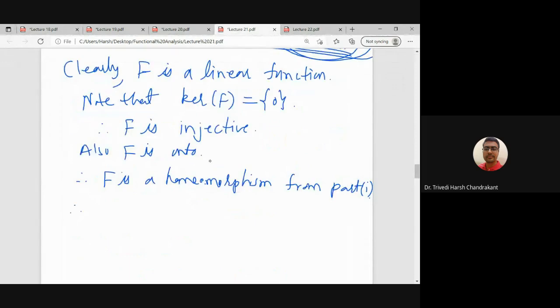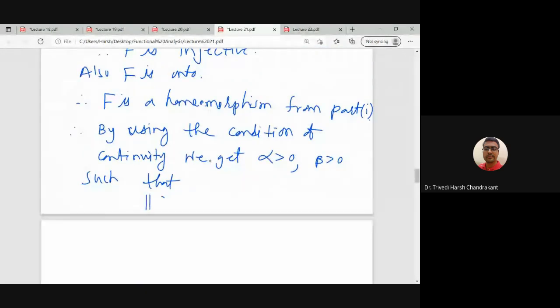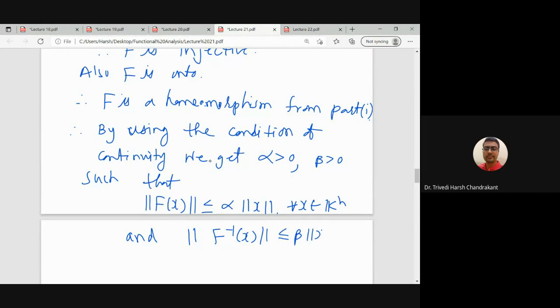So therefore, by using the condition of continuity, we get alpha greater than 0, beta greater than 0, such that norm of f x is less than or equal to alpha times norm x, and norm of f inverse x is less than or equal to beta times norm x for all x in the codomain. So the codomain is capital X, right?